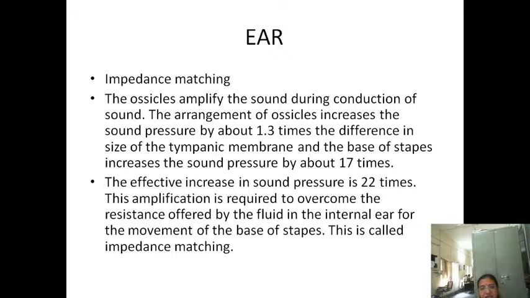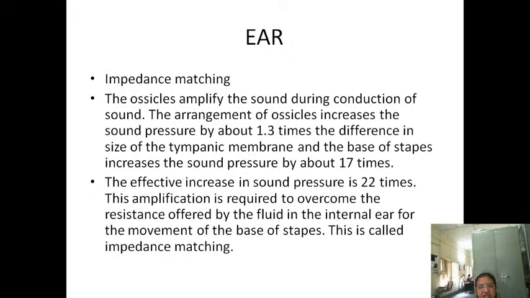Coming to impedance matching. The ossicles, that is the small bones in the ear, malleus, incus and stapes, amplify the sound during conduction of sound. The arrangement of ossicles increases the sound pressure by about 1.3 times.